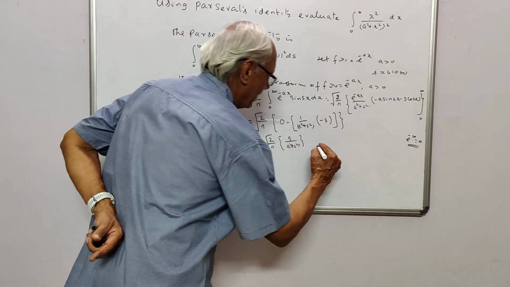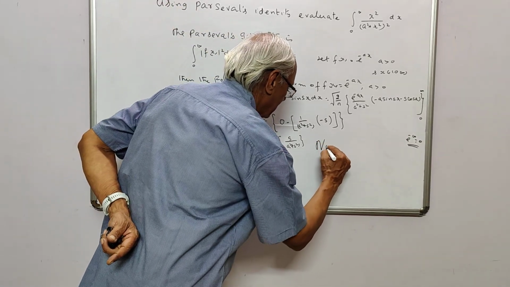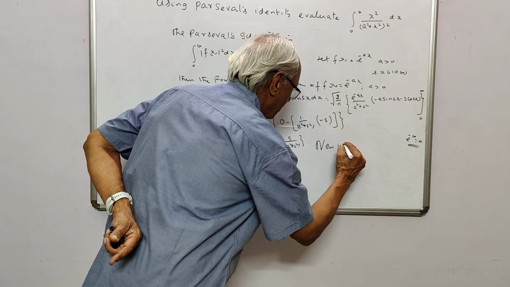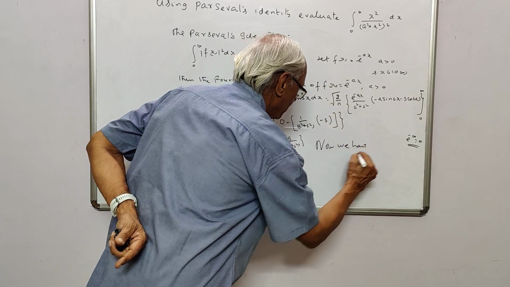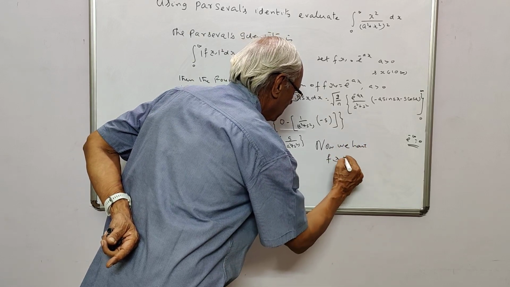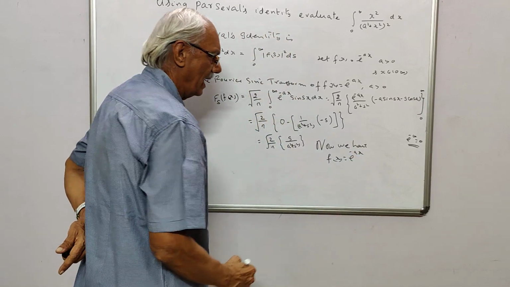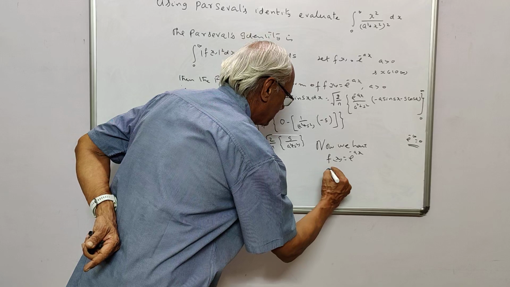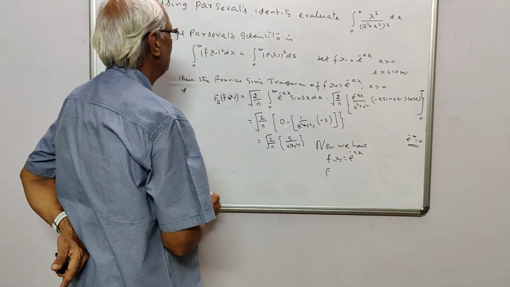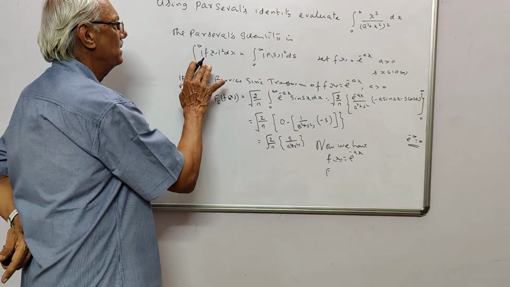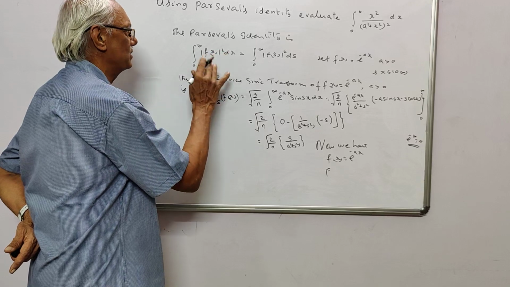Now we have f of x equal to e to the power of minus ax. And what is the cosine transform of this? Here, this is the Parseval's identity in general.